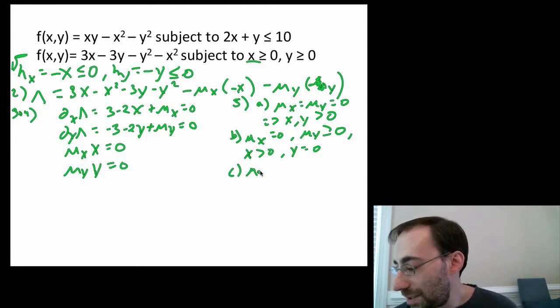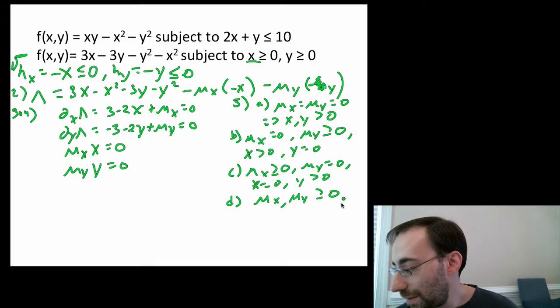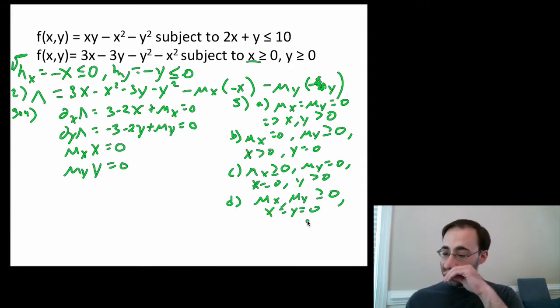C is the opposite, so mu x is greater than or equal to 0, mu y is equal to 0, and that implies x equals 0, y is strictly greater than 0. And finally D, they're both greater than or equal to 0, and x equals y equals 0. Those are our 4 cases.